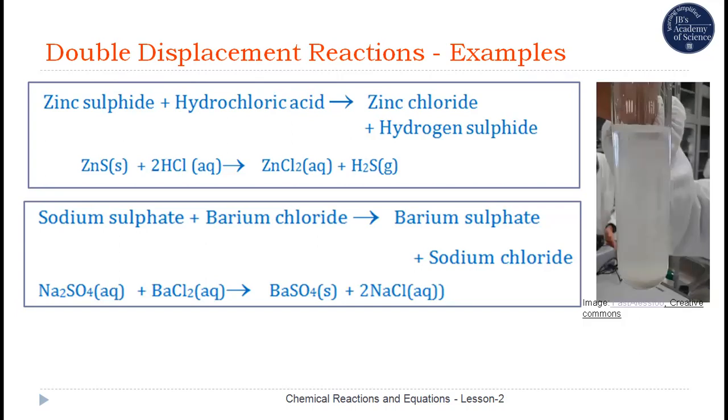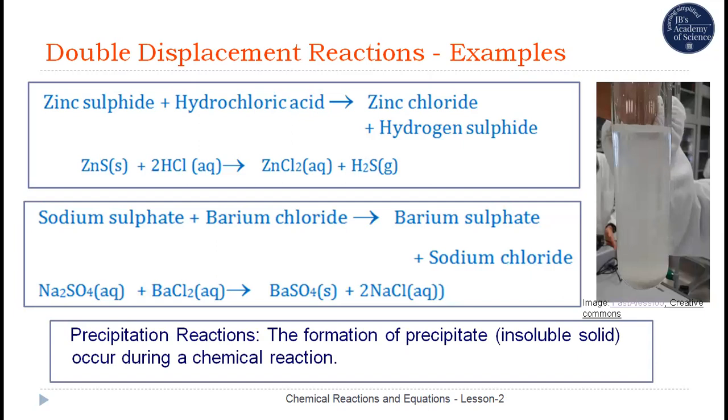So here, in this reaction, sodium sulfate plus barium chloride, barium sulfate plus sodium chloride are produced. Barium sulfate is insoluble in water. Therefore, barium sulfate particles will get precipitated out in this reaction as shown in the figure.